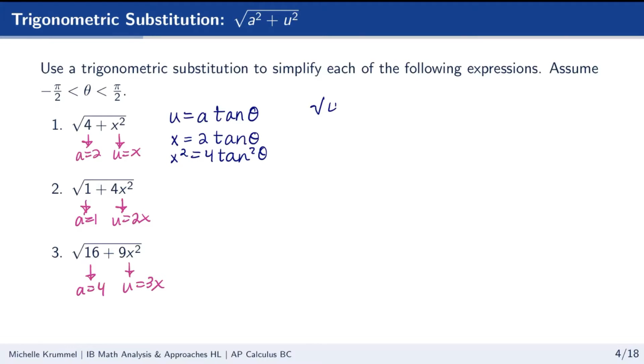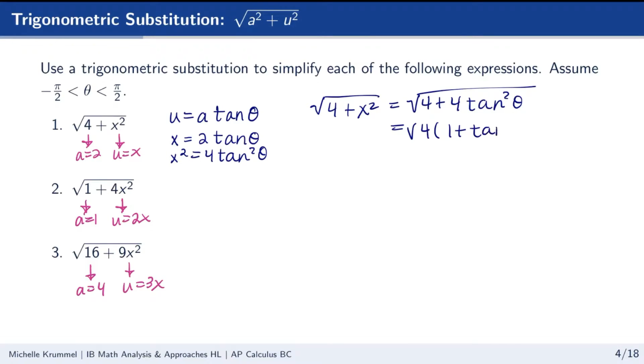So the square root of 4 plus x squared equals the square root of 4 plus 4 tan squared theta, which equals the square root of 4 times 1 plus tan squared theta. 1 plus tan squared theta equals secant squared theta. And since we are working on the interval from negative pi over 2 to pi over 2, this is going to equal 2 secant theta, okay, for number 1.